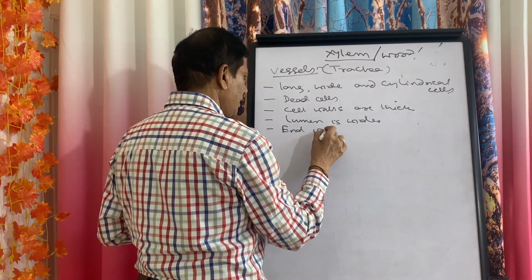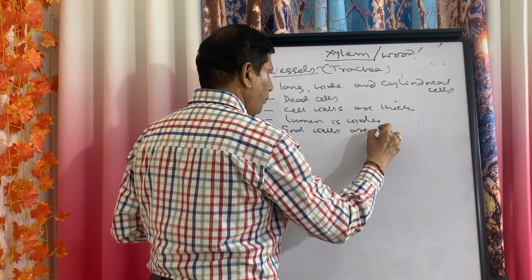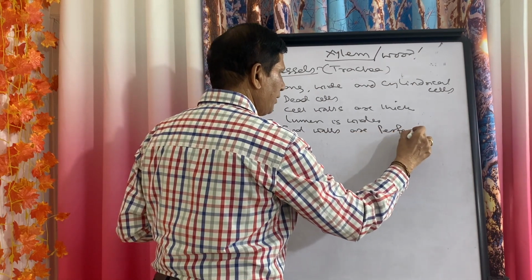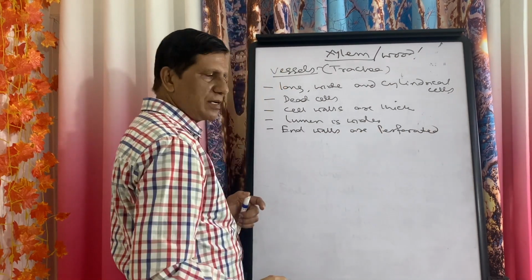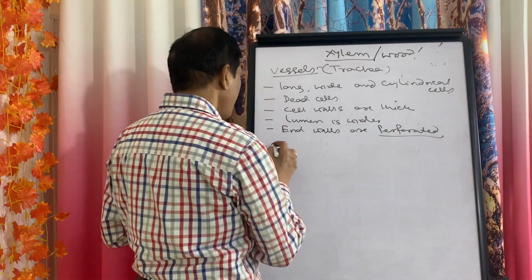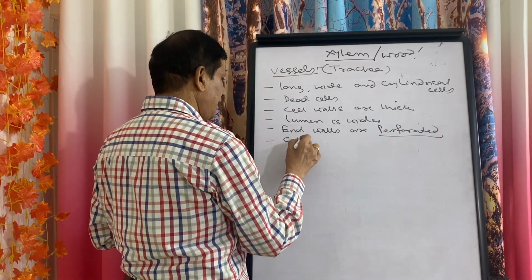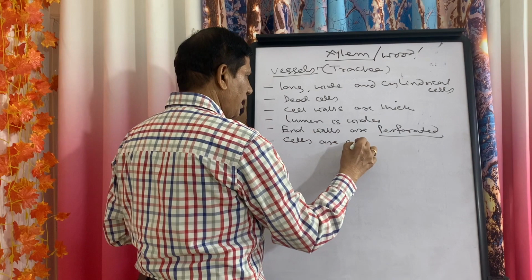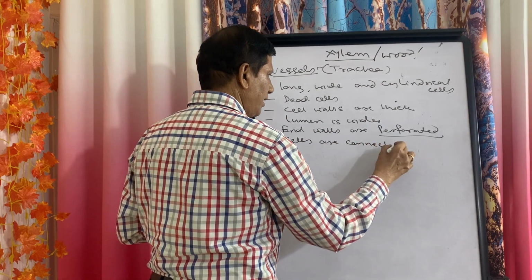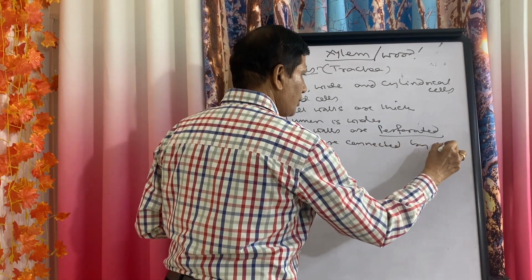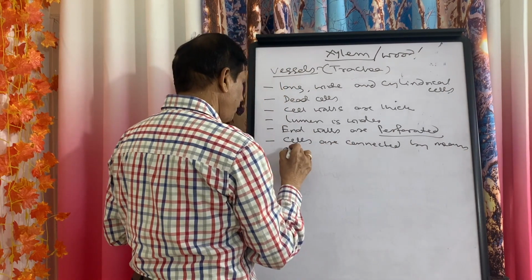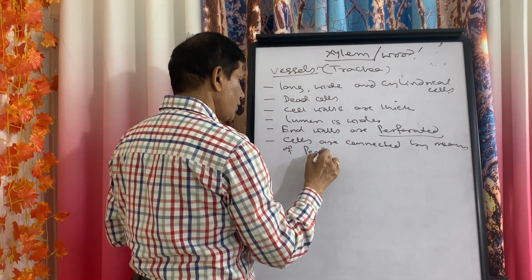End walls are perforated. This is one of the main differences between tracheids and vessels. It is perforated, and cells are connected by means of perforations.